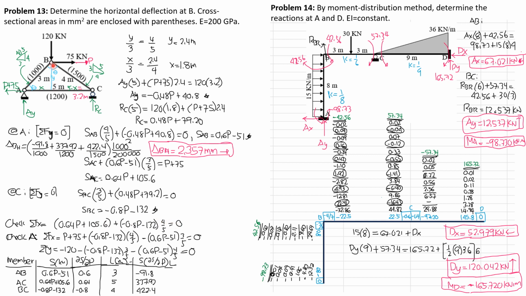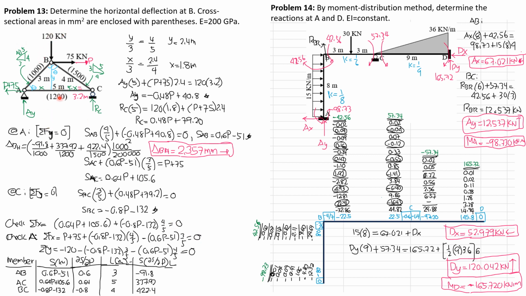Then we check equilibrium at B, summation forces x, P plus 75, then plus SBC, which is quantity negative 0.8P minus 132 times 4/5, then minus the horizontal component of SAB, quantity 0.6P minus 51 multiplied by 3/5. And if you add P's, it's 0. If you add the constant, it's 0. So checks.